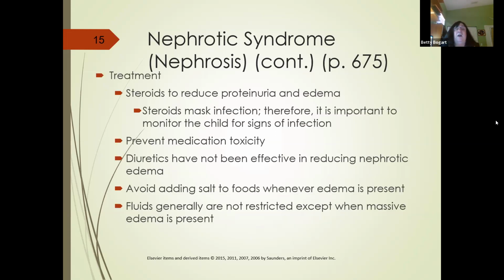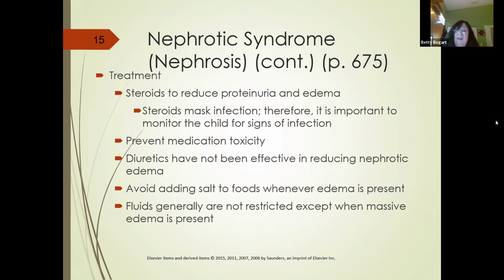So as I said, they're going to get steroids to reduce the proteinuria and the edema. But one of the things about steroids is they can mask signs of infection. So you've got to be very careful and look for it closely. Again, as I said, you're losing protein, so you've got to give smaller doses of medication, or you can have toxicity really quickly.